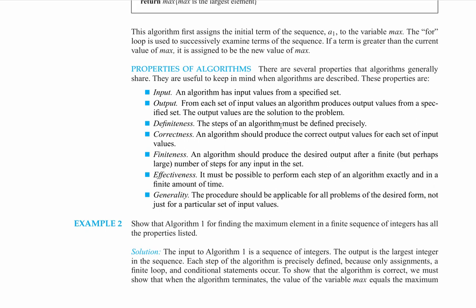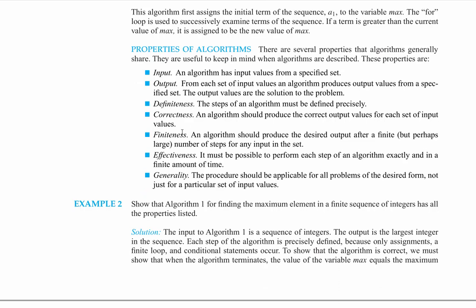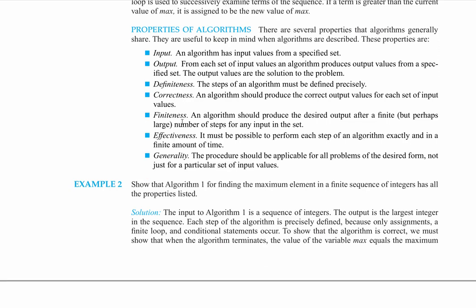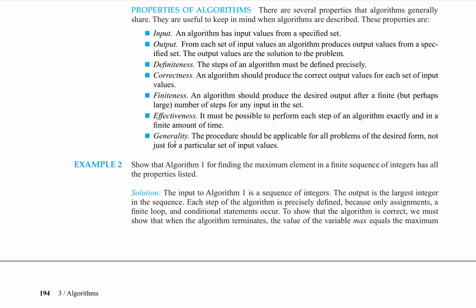The steps of the algorithm must be defined precisely, so definiteness. It should work correctly. Finite, so we don't want it looping forever. Effective, and it should work in general for any kind of input, the most general kind of input.